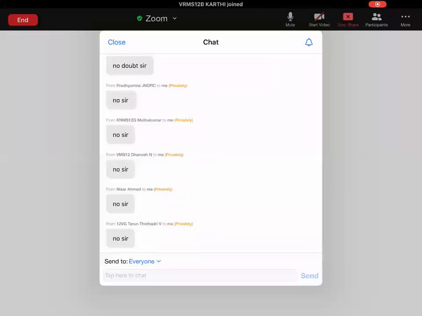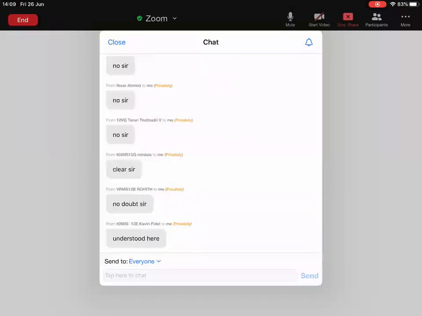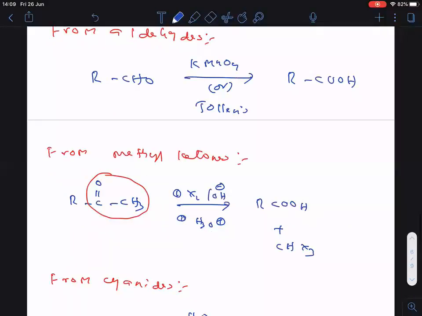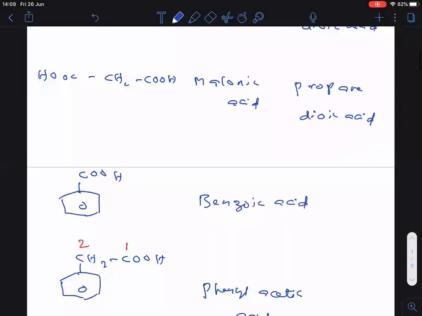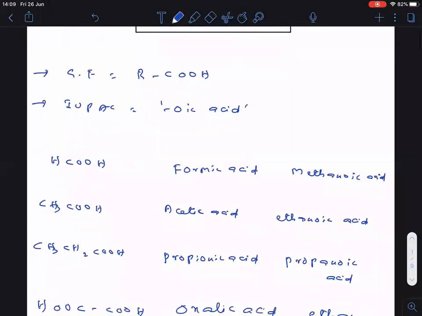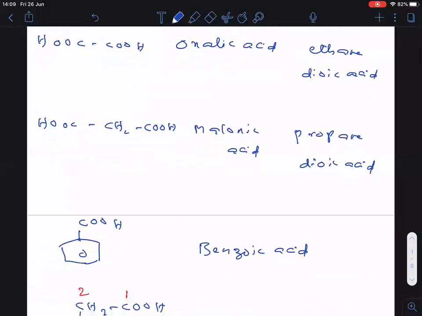Okay. So let me show you the slide from the starting onwards. Physical and chemical properties we will do in the next class. If any slide is missing, take the screenshots. This is the first one. This is the second page.